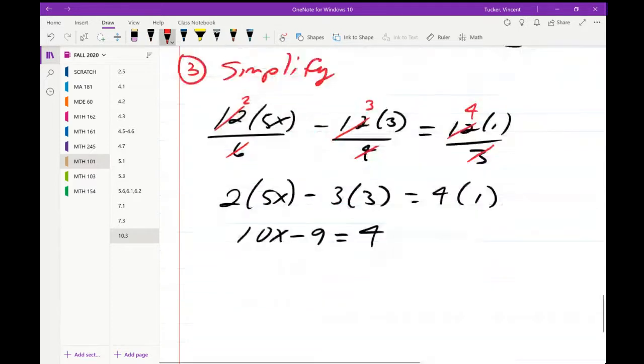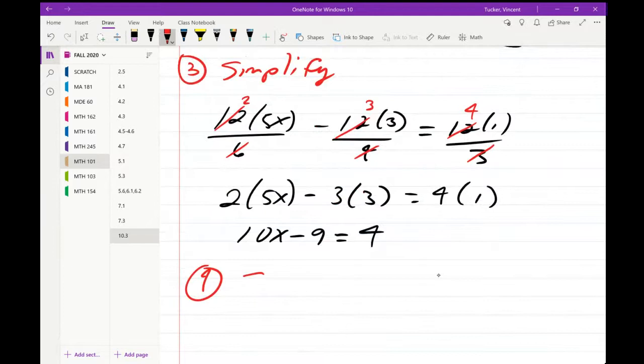Now we have a regular linear equation. And so the last step is to just solve.